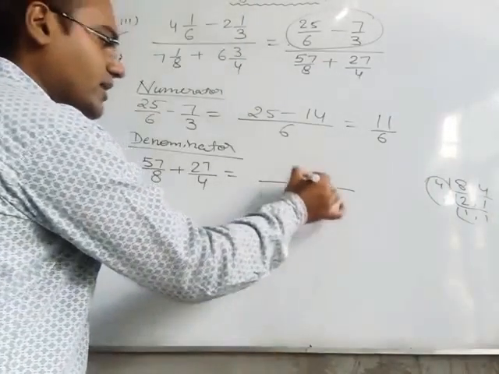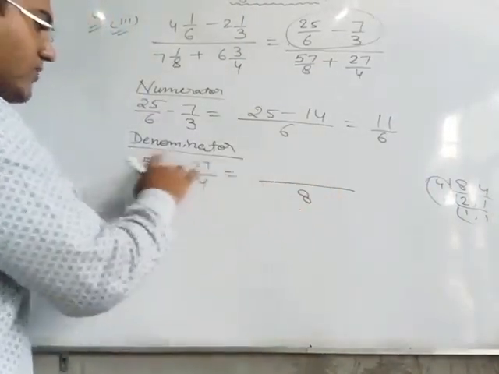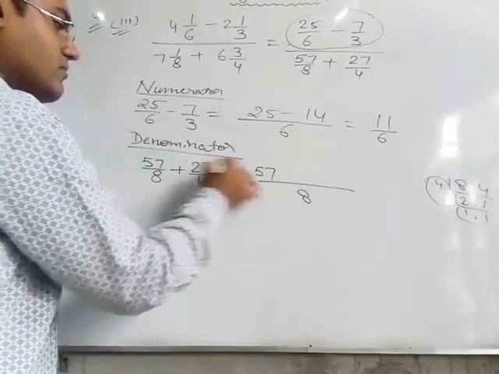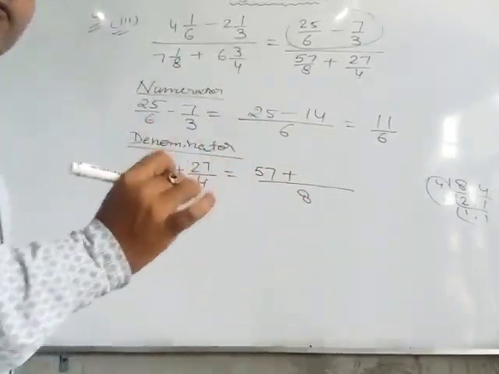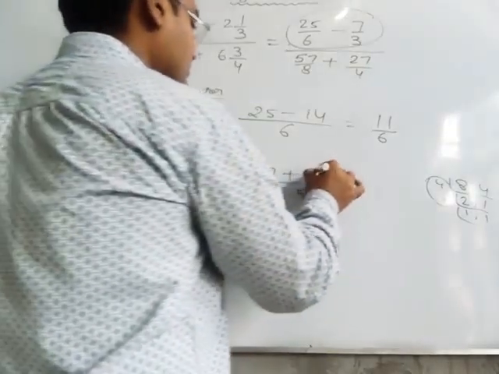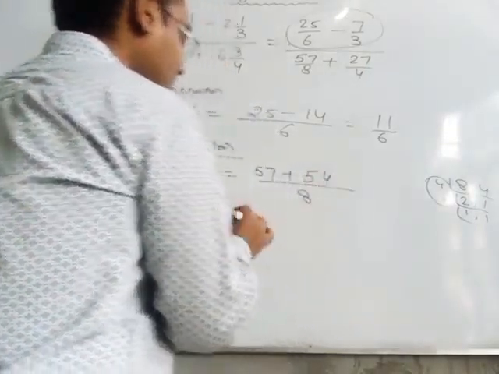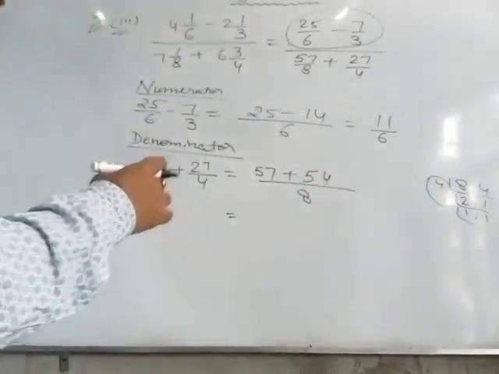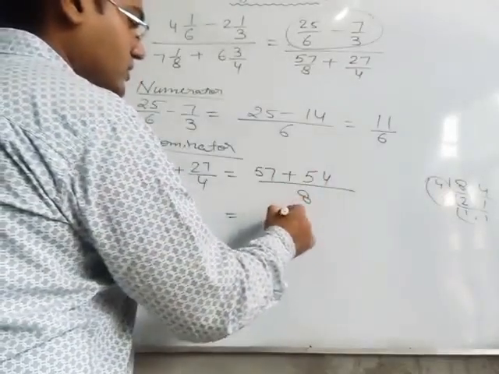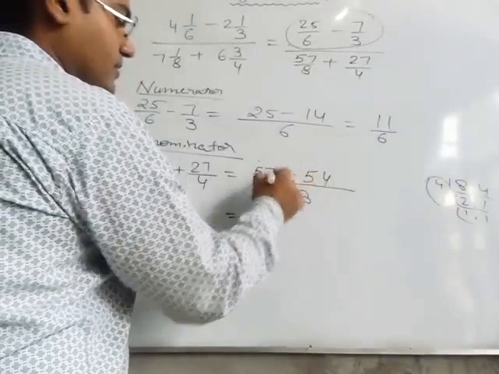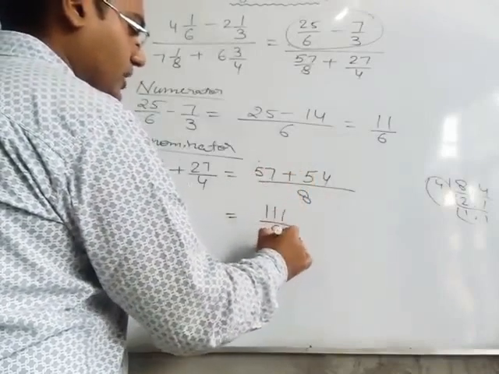So here we will write 8. 8 1s are 8, 1 into 57 will be 57 plus 4 2s are 8, 2 into 27 will be 54. Now we will add them. 7 plus 4, 11, 5 plus 5, 10 plus 1, 11 upon 8.